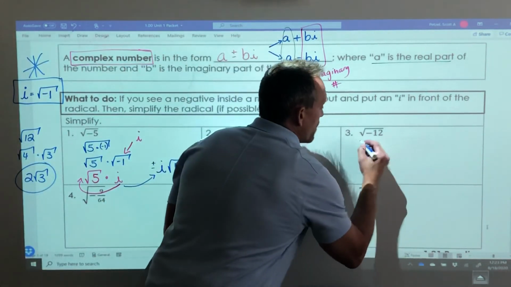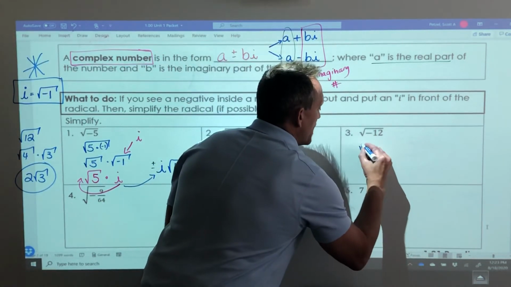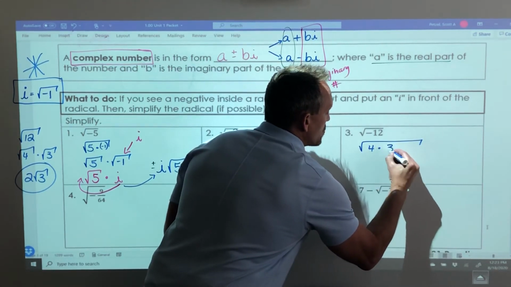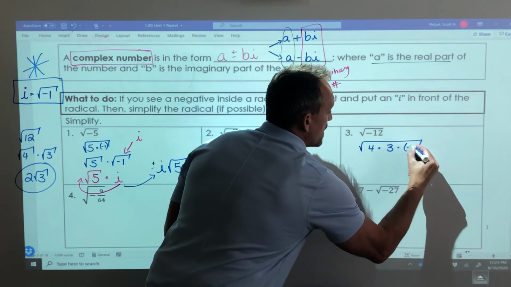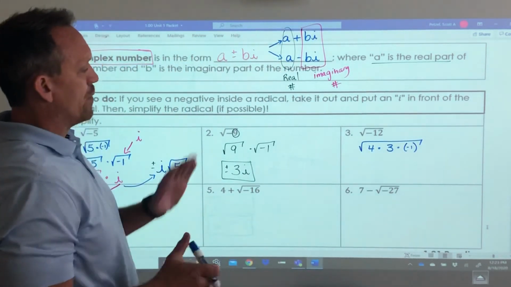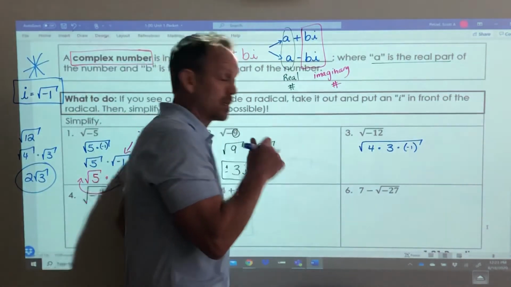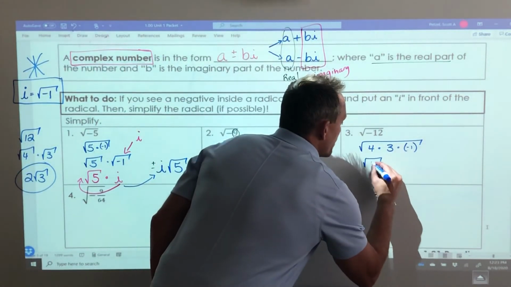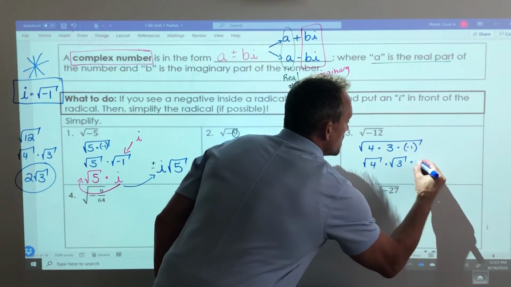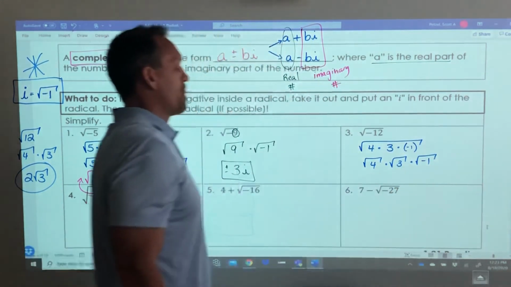Pull out here from me here, I want to separate this into three things. 4 times 3 times -1. And you'll notice I put that -1 in parentheses because I don't want it to get mixed up with the times sign. 4, 3, -1.